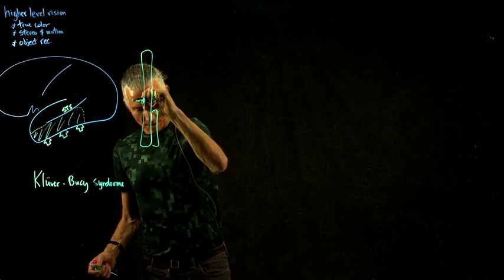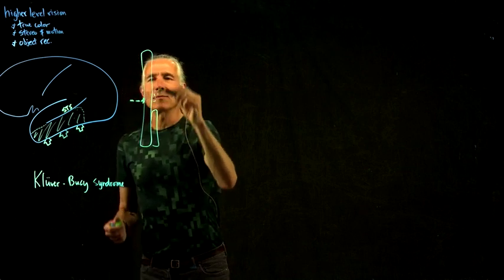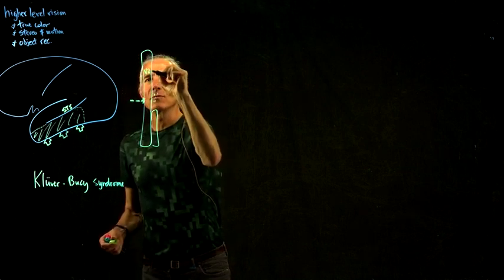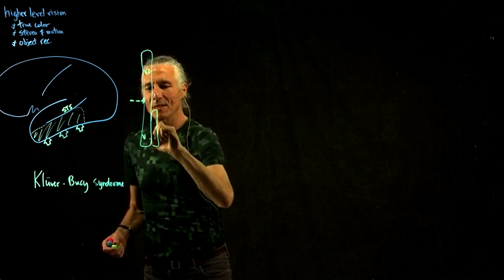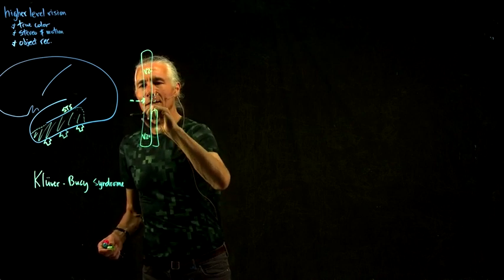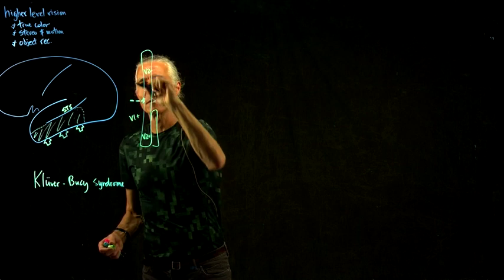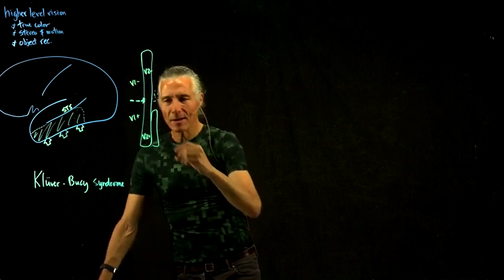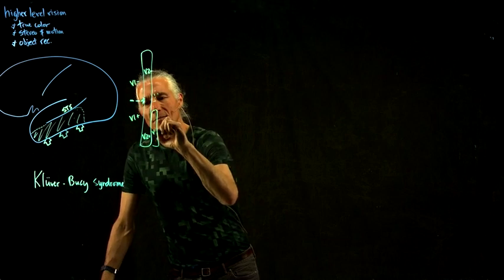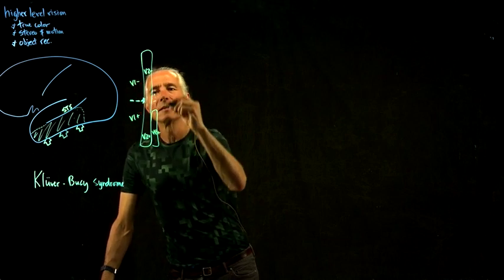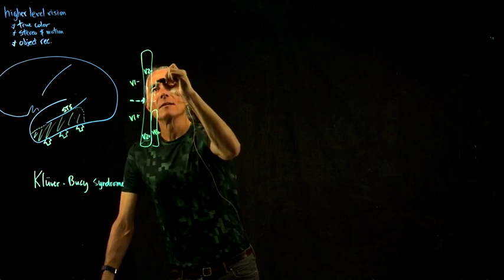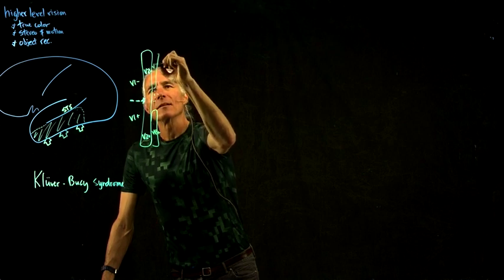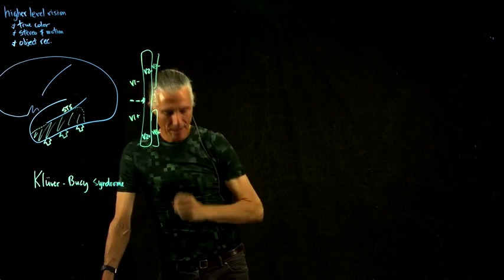So there's the horizontal meridian of V1. This is V2 minus and V2 plus, and here's V1 plus and V1 minus. There's another area in front, we'll call it VP plus, and then up here, in the macaque monkey I'm drawing, there's an area called V3, that's minus.